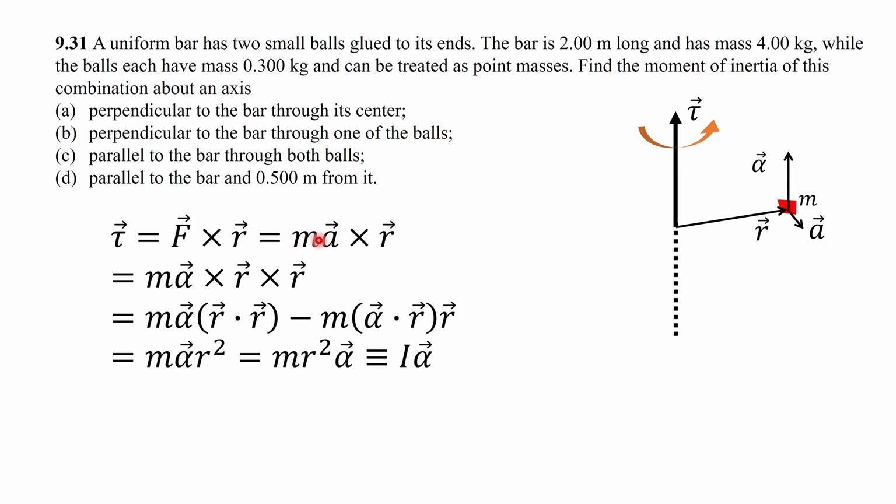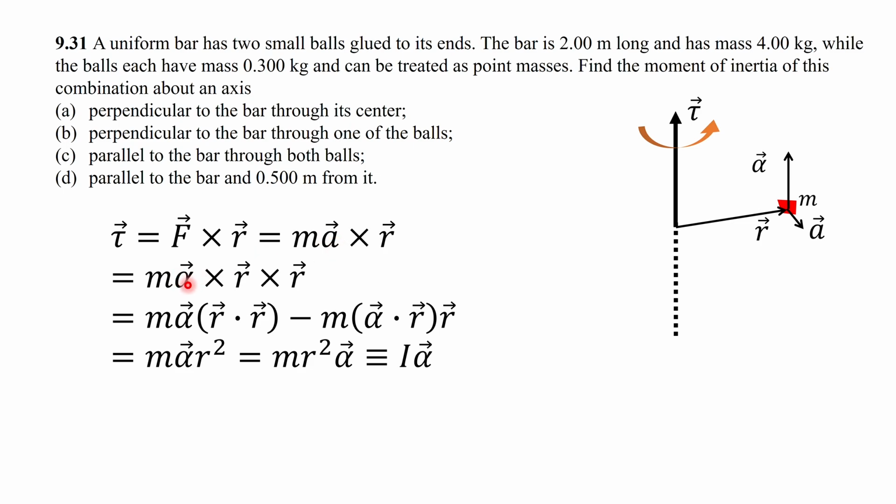The next thing is that we don't want to use linear acceleration, because in angular motion, the linear acceleration is not a direct parameter to describe this motion. We are more curious about the angular acceleration, so we change the acceleration to the angular acceleration.